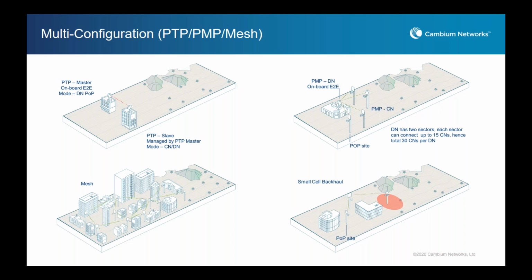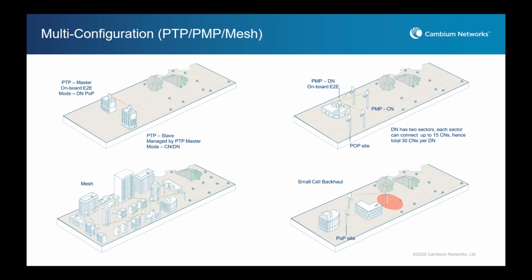Even though each individual link may be a kilometer or less, or even a few hundred meters or less, in a mesh environment you can cover large geographic areas by building out this mesh. So that's really the unique capability that 60 gigahertz brings, particularly with cnWave.